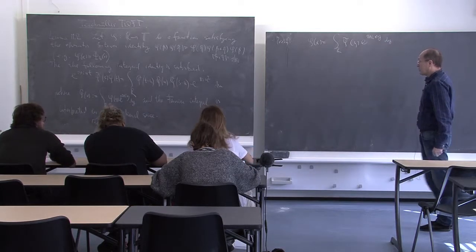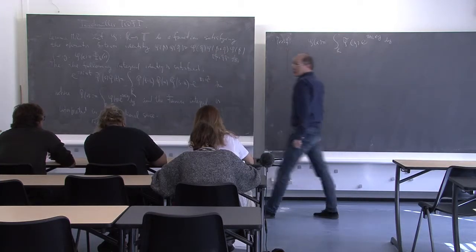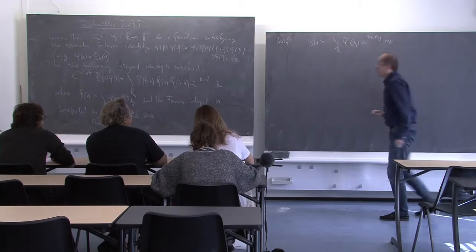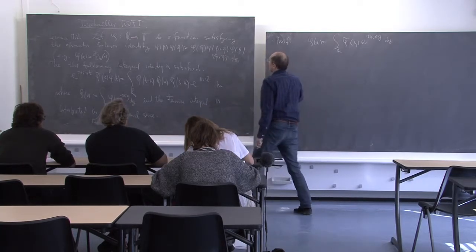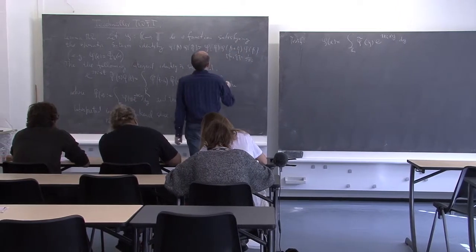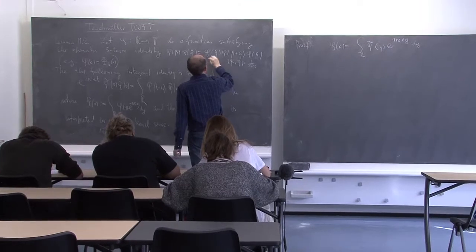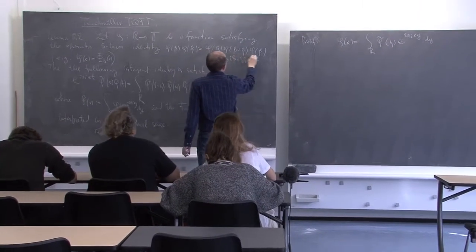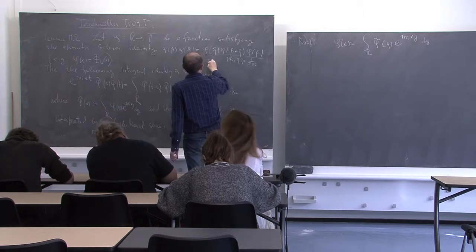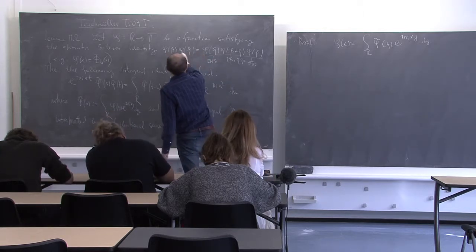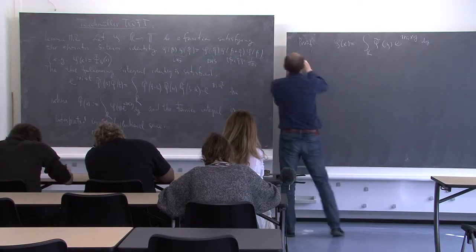And now we are just going to substitute in the operator identity this integral representation for each phi. So this is the right hand side, this is the left hand side, and let us calculate the right hand side.